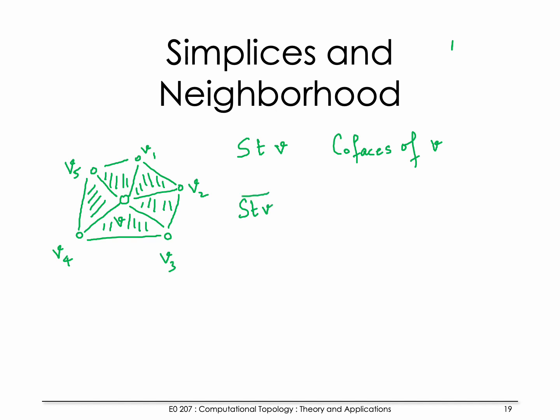So the closure of the star is the star together with all the faces that are not included in the star. So this is the closure. In this case, the closure is all the simplices that you see here in this picture.